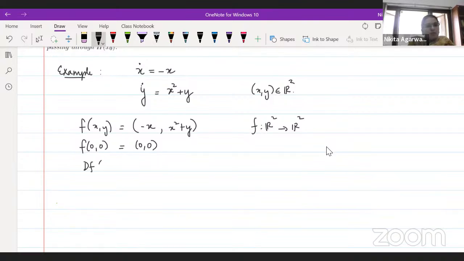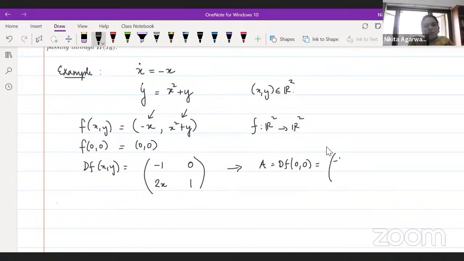What is the Jacobian? You look at the first component, you differentiate it with respect to x and differentiate with respect to y. You look at the second row, for derivatives of the second component, which gives you 2x and 1, right? So if you evaluate df at 0, 0, it comes out to be minus 1, 0, 0, 1, right?